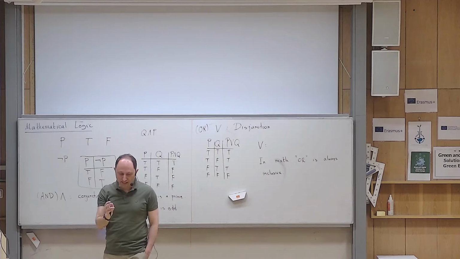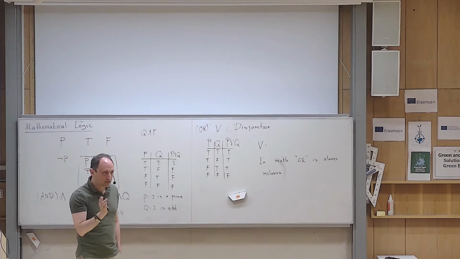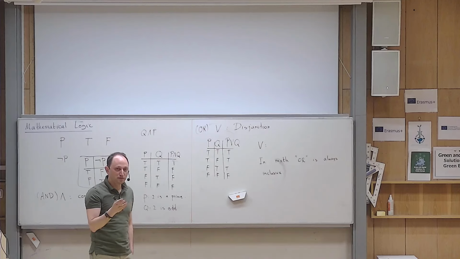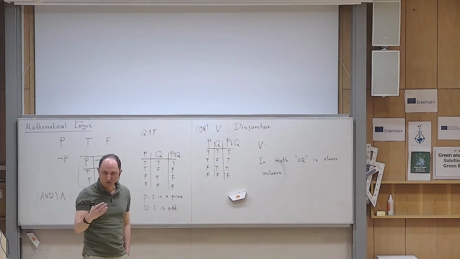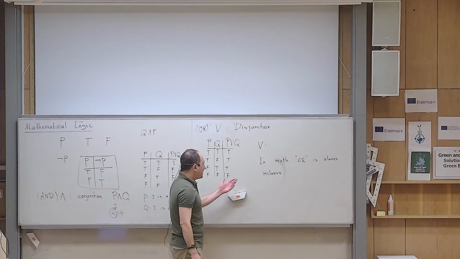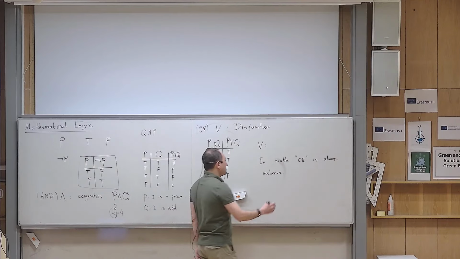Sometimes in everyday language it is exclusive or. For example, I say to my kid, either I buy you an ice cream or a chocolate. Usually it means decide, I will not buy you both. So for exclusive or, there are some symbols for it.